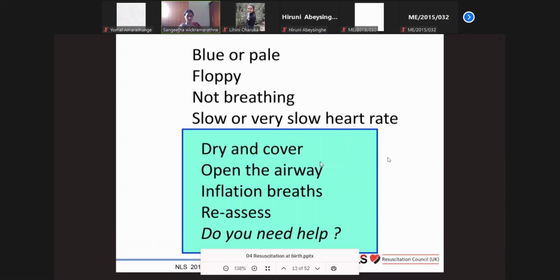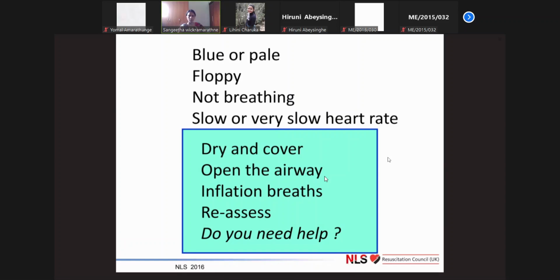Right? If it is primary apnea, when you open the airway, sometimes the baby might take a gasping breath. Because the baby was in primary apnea, when you open the airway, there will be a gasping breath. So then oxygen will go in and you don't have to do anything. Heart rate will suddenly pick up.